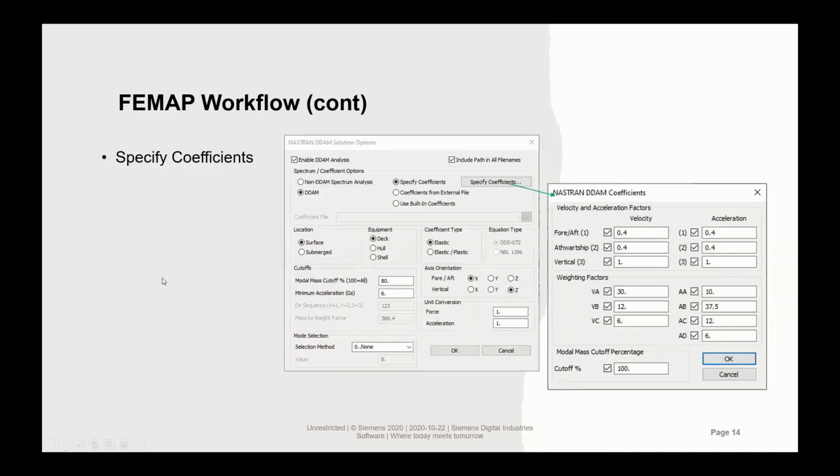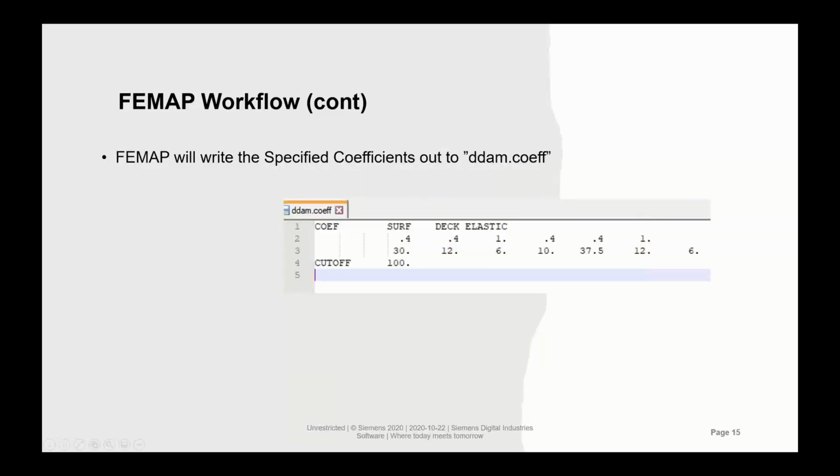So here's where you would specify coefficients if you wanted to do that. Once you toggle this specify coefficients on, hit specify coefficients, this form pops open, and you basically populate this form. And if you're familiar with the coefficient.dat file, all these things will look familiar to you. And this is an example of a coefficient file that was written out by Femap.